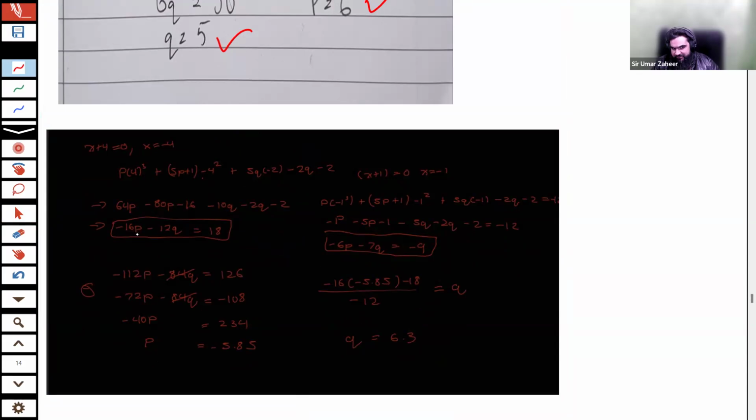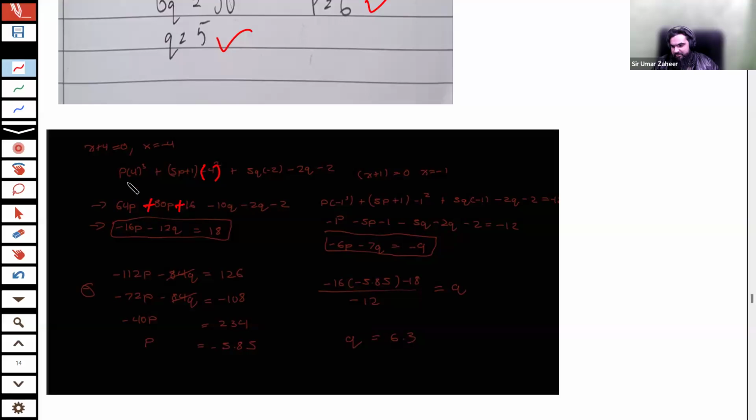Alright, so minus 16p. When you take the square of minus 4, it will become plus 16, so these values will be positive.